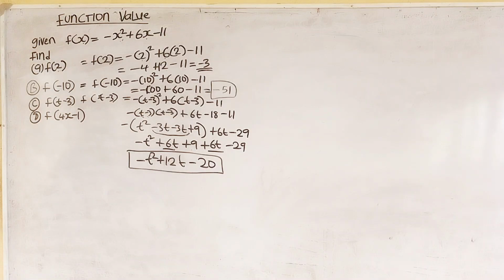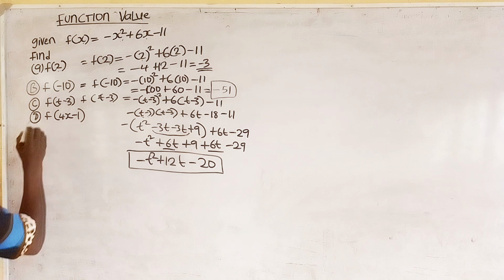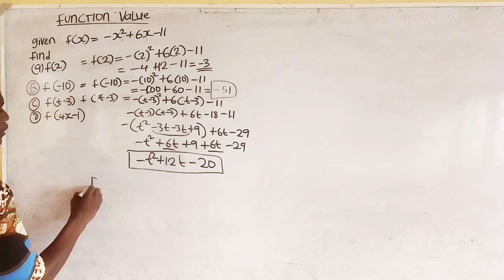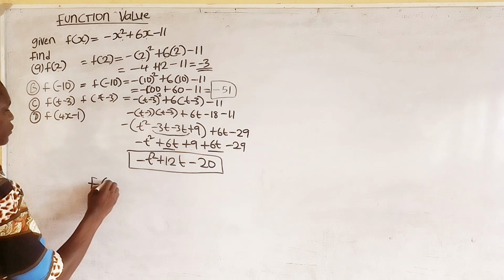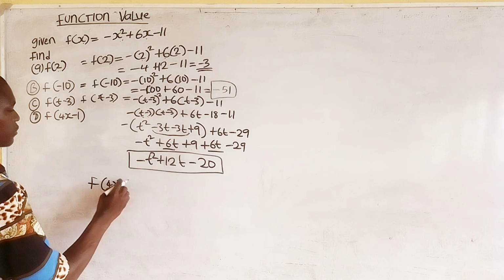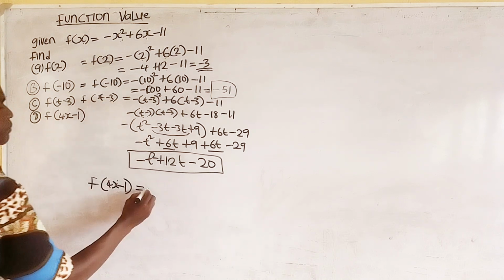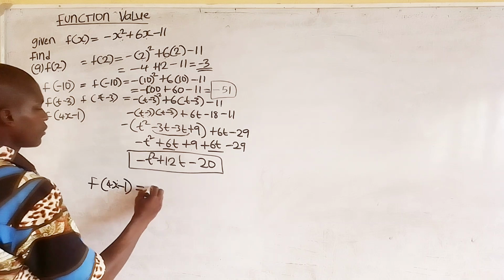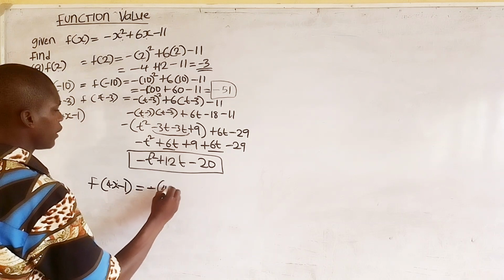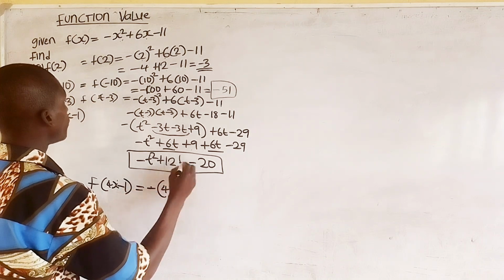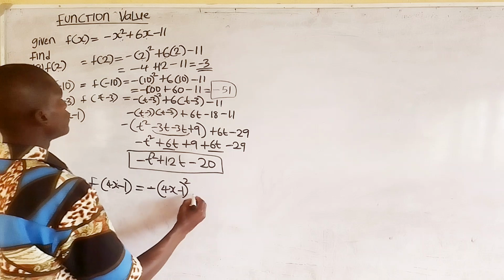Then let's try the last question, which is D. It says you find f of 4x minus 1. It becomes, replacing x with 4x minus 1. Minus open bracket 4x minus 1 close your bracket, all squared.